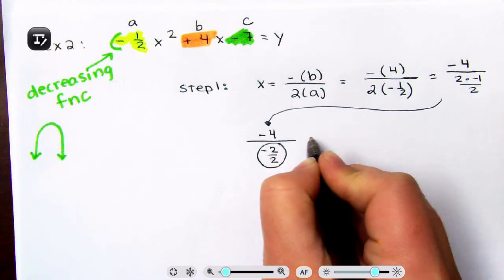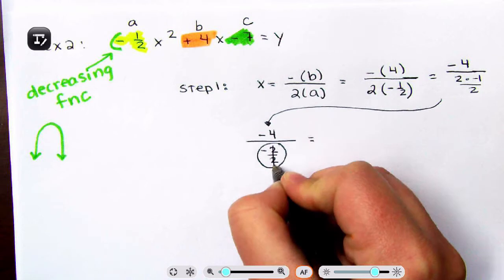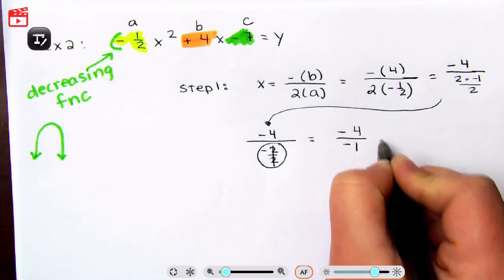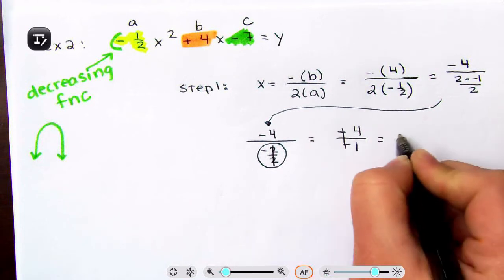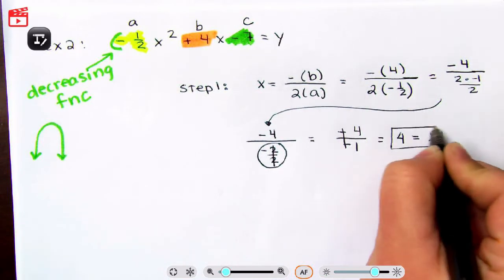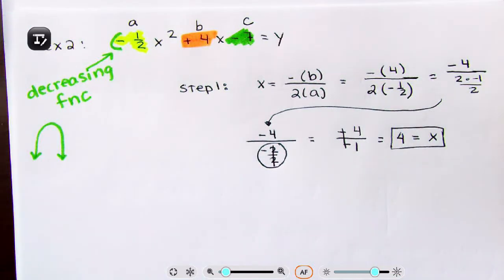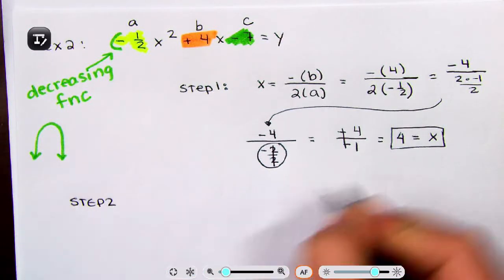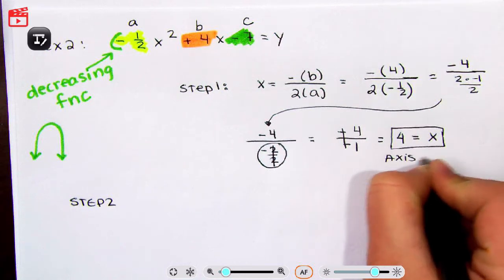Just looking at that, take a look, you guys. 2 divided by 2 is 1. So I have a negative 4 divided by negative 1. And then negative and negative makes a positive, so my output is 4. So that means my x value is 4. So then for step number 2, again, this is your axis of symmetry.